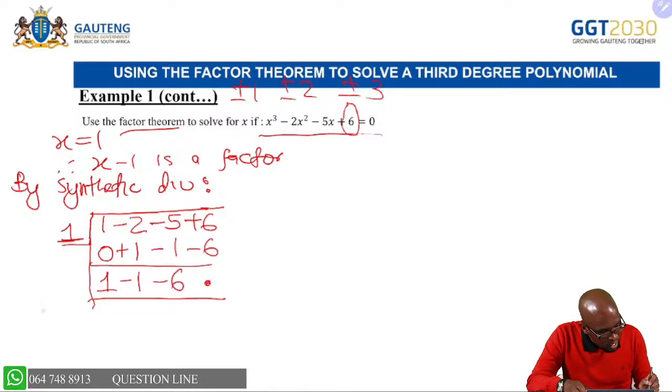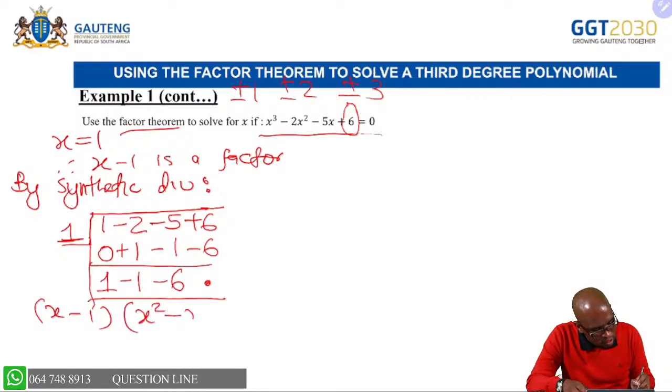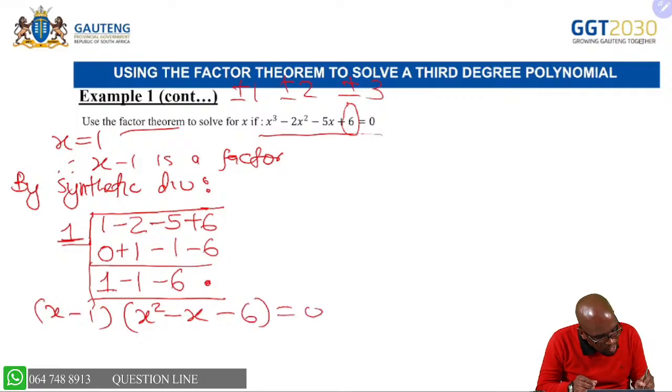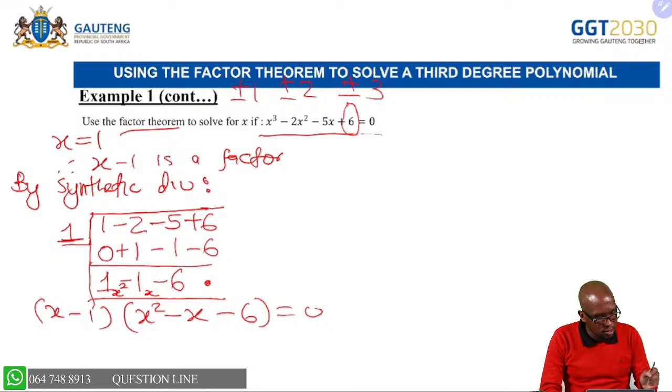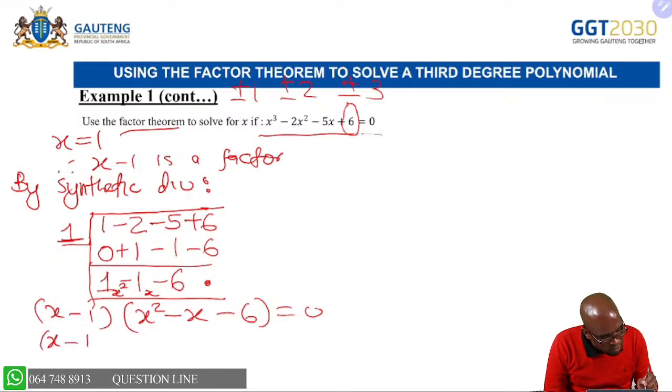Now, from here, I can then say this is x minus 1 into, obviously, this is the coefficient of x squared. This is the coefficient of x. That's the constant, equal to 0. This I know is x squared. This is x, and that's the constant. So coefficient of x squared is 1. Coefficient of x is minus 1. And the constant is minus 6. So I can continue and factorize this.